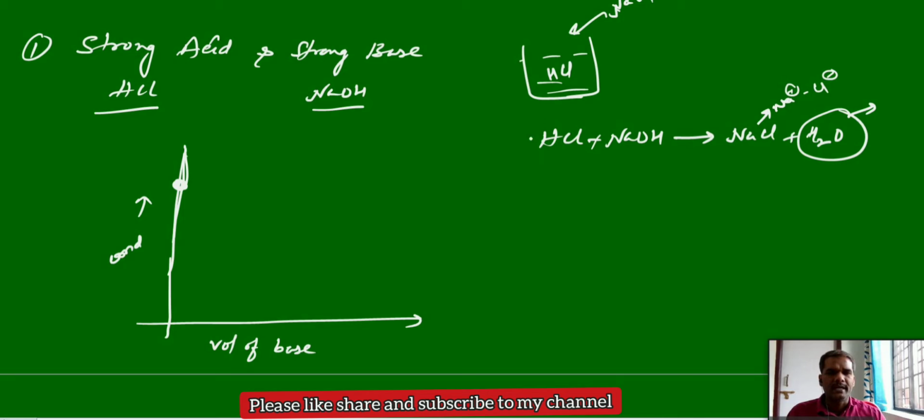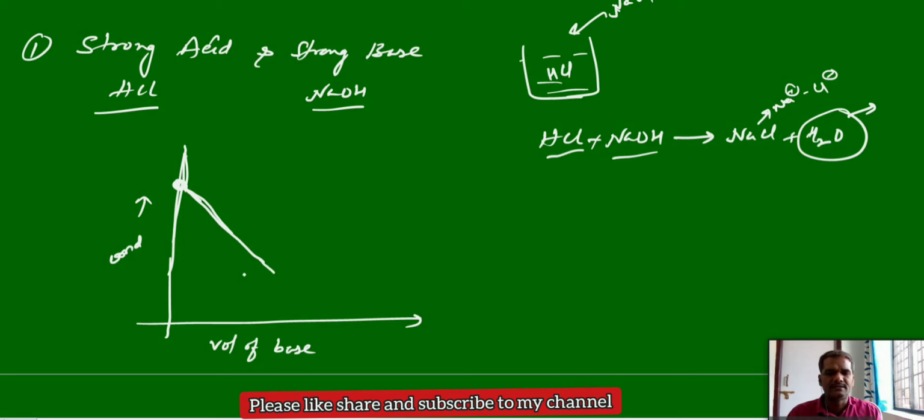Here the H plus ion and OH minus ion are both replaced by Na plus and Cl minus ions. H plus shows very high conductance, so when H plus is replaced by Na plus, the conductance value decreases. If we keep adding NaOH, H plus ions keep being replaced in the HCl solution, and the conductance value keeps decreasing.